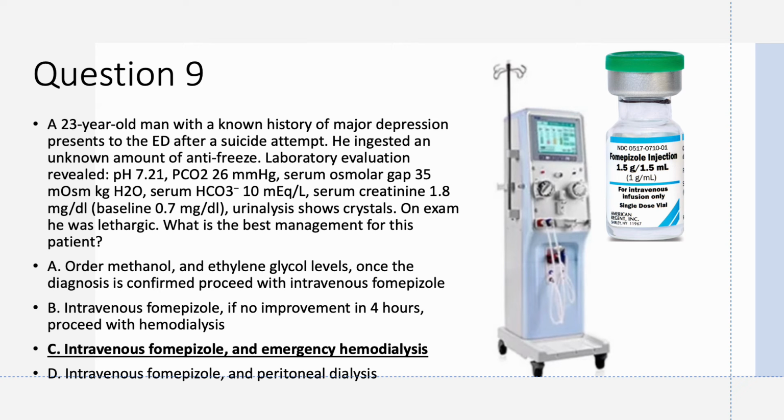The patient is lethargic. So here you have a true emergency. So yes, you are going to start the patient on intravenous bicarbonate drip. Yes, you are probably going to give B1 and B6. But more importantly, you are going to start fomepizole intravenously right away. And you are going to prepare for emergency hemodialysis.